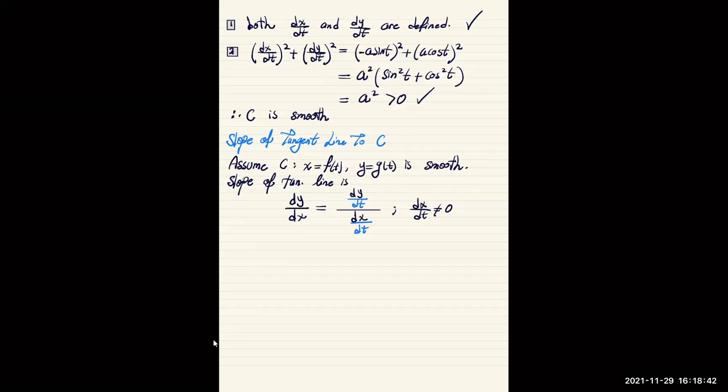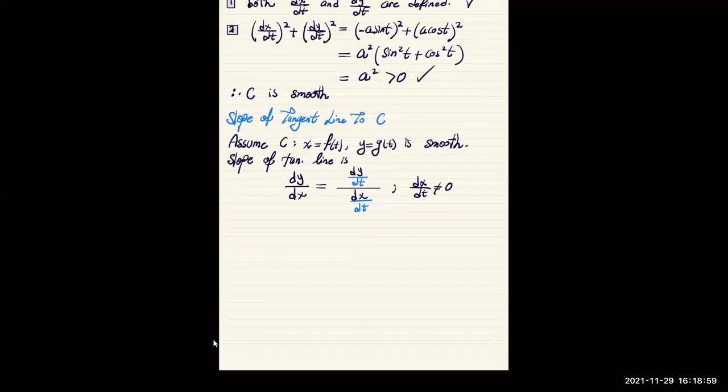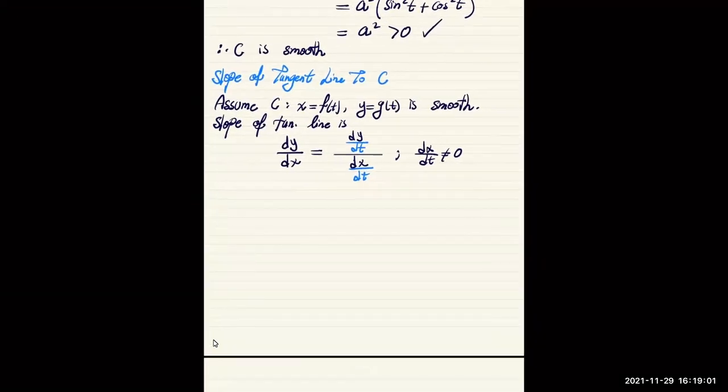Okay, so talking about parametric graphs and rates of change. We're talking about the derivative here of y with respect to x. So let's talk about this last thing that I was talking about.